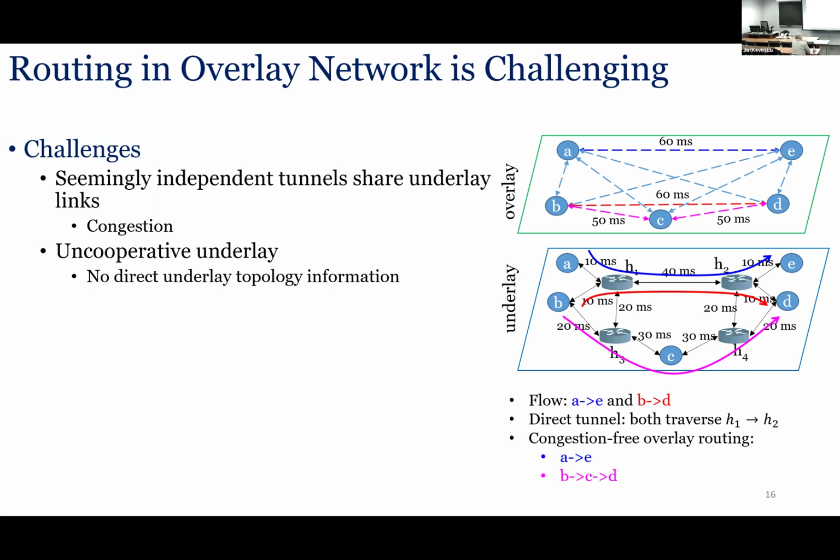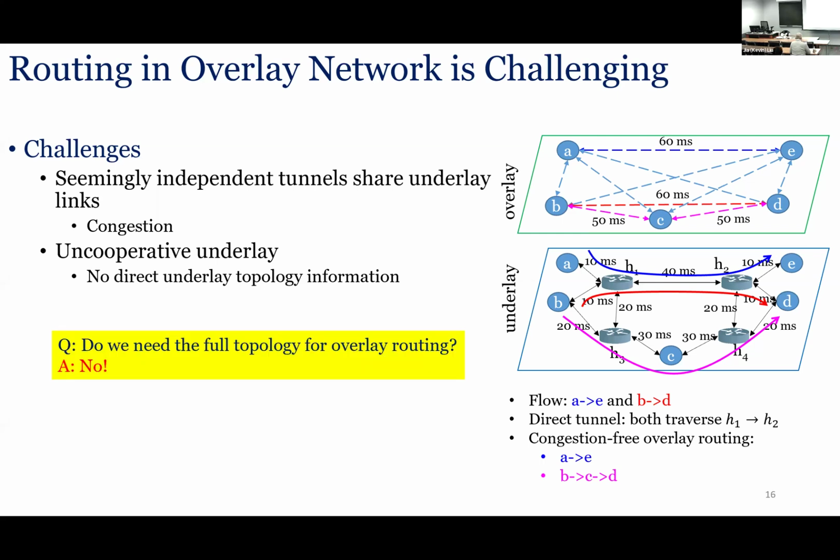The research question is, then, can we still do something that's underlay aware without direct control plane support from the underlay? That naturally links back to the topology inference problem, because what you need is basically routing topology information. Of course, if you have a perfect topology inference solution, then you can run a constrained routing optimization in the actual underlay network, right?